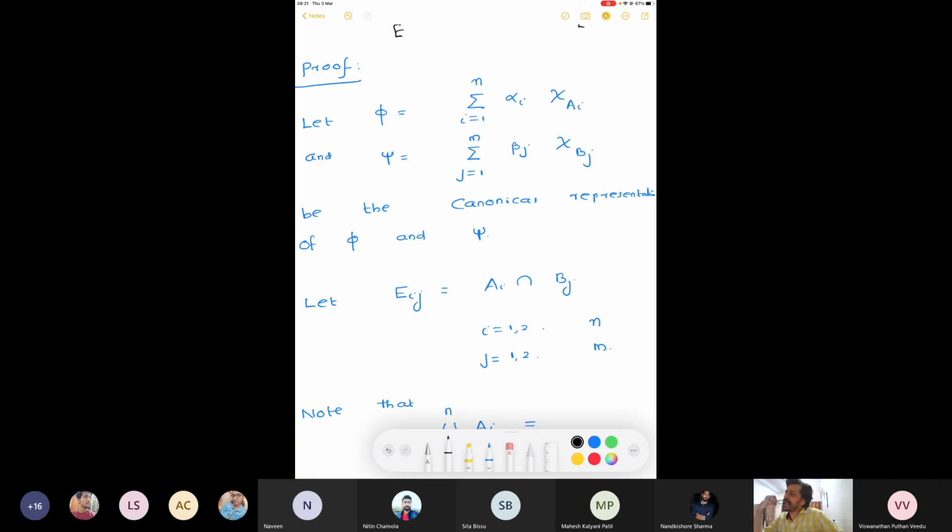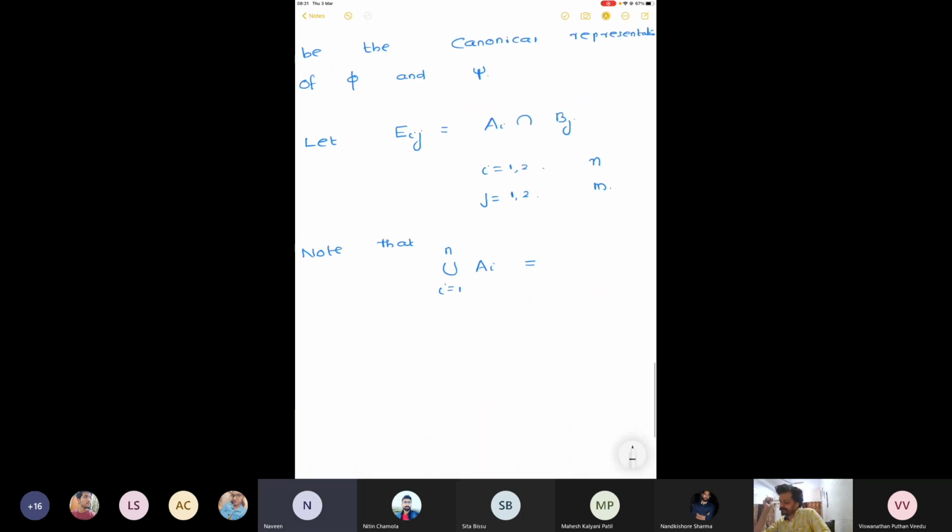One thing is that the A_i's will be disjoint. And second is that the union of A_i will give you the whole set, the whole domain. Let us assume the domain to be R. Okay. Similarly, union j equals 1 to m, B_j will be equal to R.